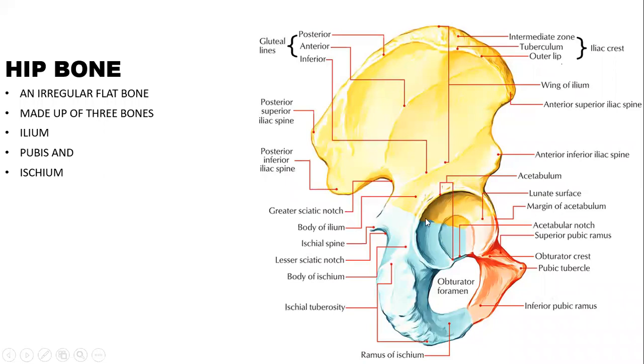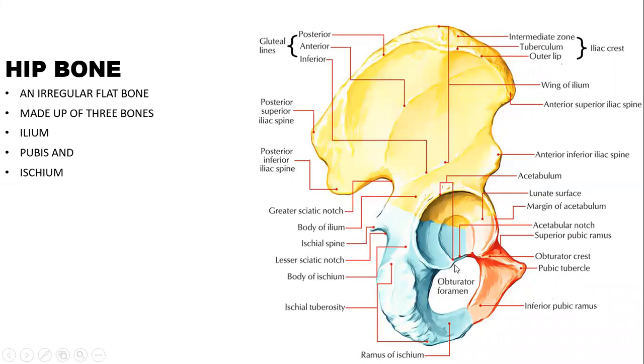So the ilium is going to form the upper 2/5 of the acetabulum. The pubic bone is going to form the anterior 1/5 of the acetabulum, and the ischium is going to form the posterior 2/5 of the acetabulum. So these 3 unite to form the acetabulum.